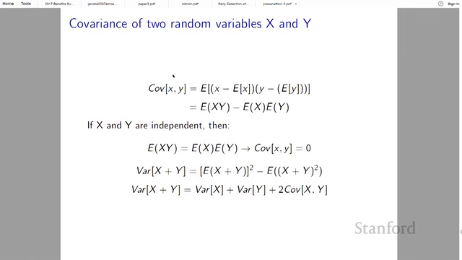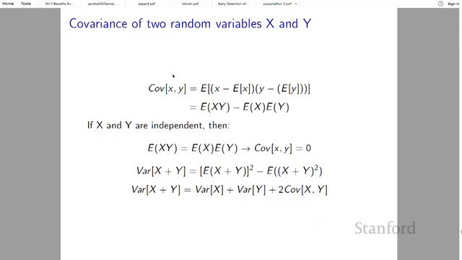Covariance. Covariance is also important. Basically, covariance is saying how much changing one random variable can affect another random variable, right? So if the covariance of the two random variables is 0, you can say that changing one random variable doesn't affect linearly the other random variable, right?